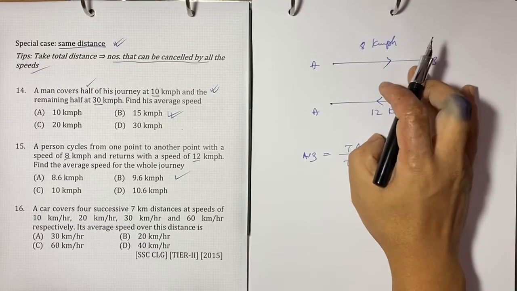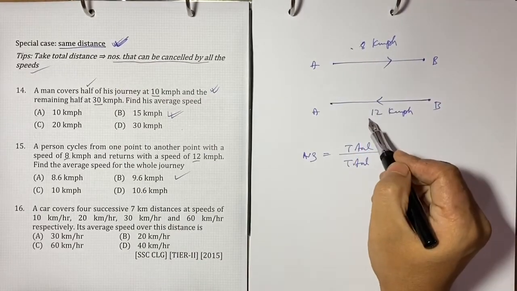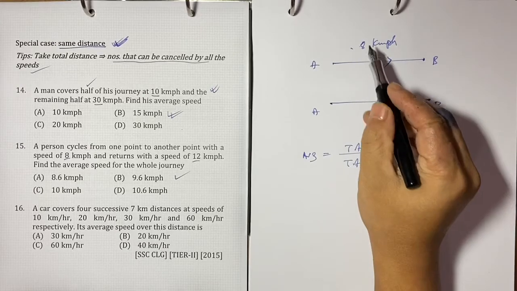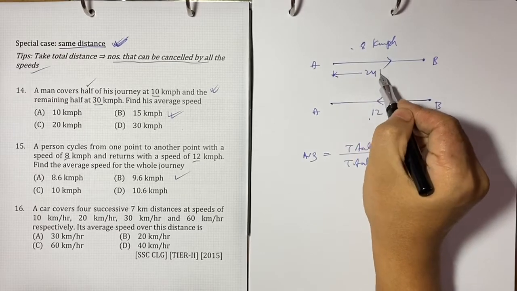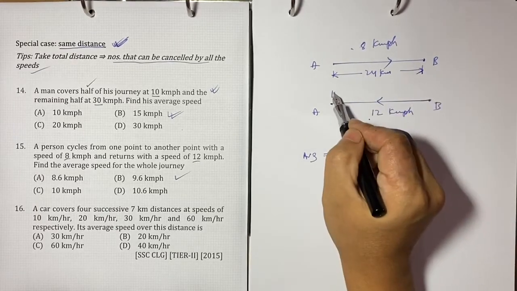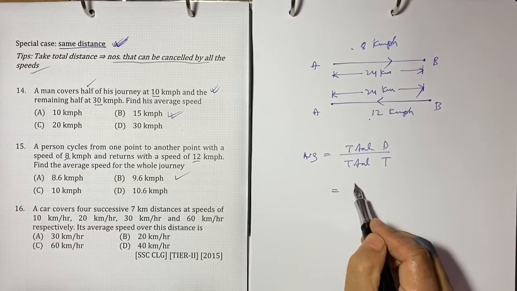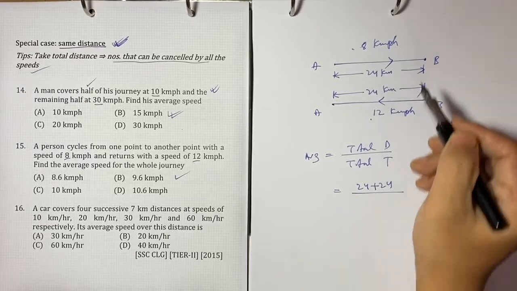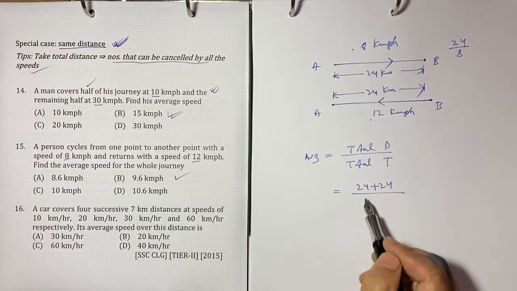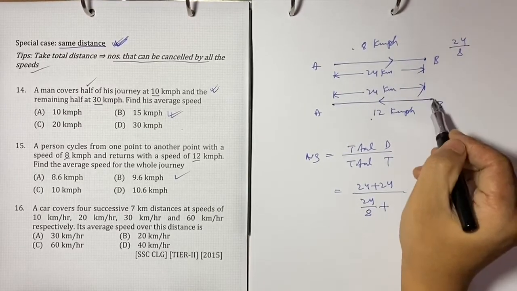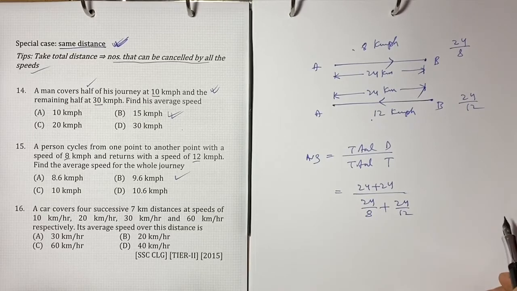For the distance, take a number that 8 and 12 can cancel into, the LCM of 8 and 12 is 24. So from A to B the distance is 24 kilometers and from B to A also 24 kilometers. So total distance is 24 plus 24. Time is distance divided by speed, so I get 24 divided by 8 plus 24 divided by 12. It's the equation.